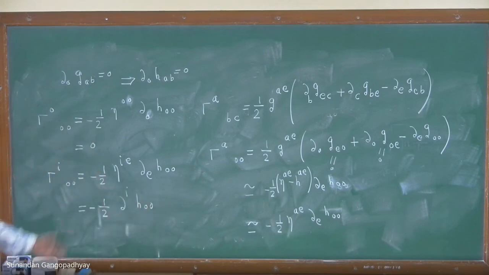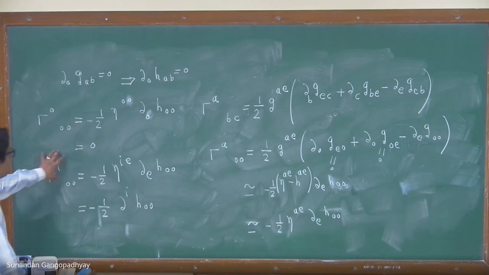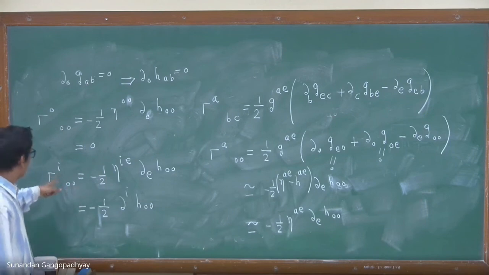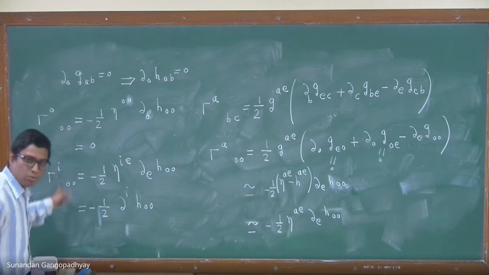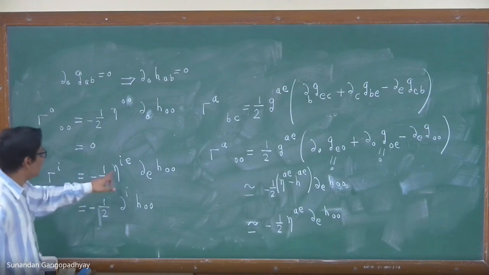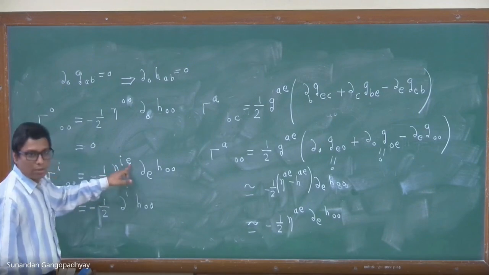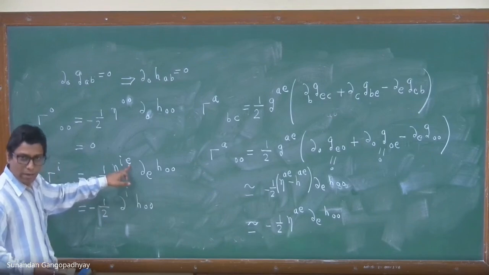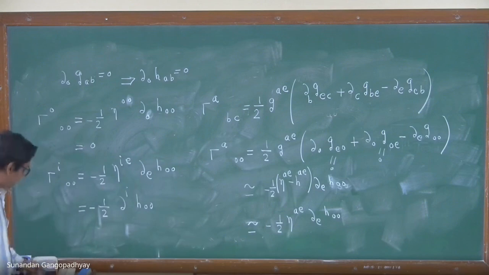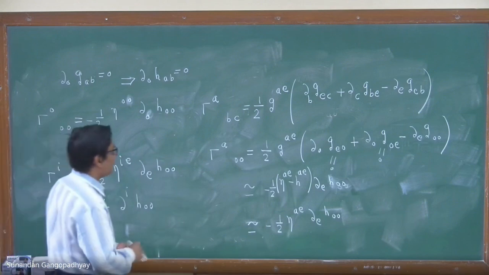If you like, you can write it with the half theta. What this basically means is that you now have to look at I equal to 1, 2, 3, so you can calculate what gamma 100 is, gamma 200 is, and so on. So gamma 100 will be eta 1 E, and again this is a diagonal matrix, so eta 1 1 del 1 H00. This is what we have.